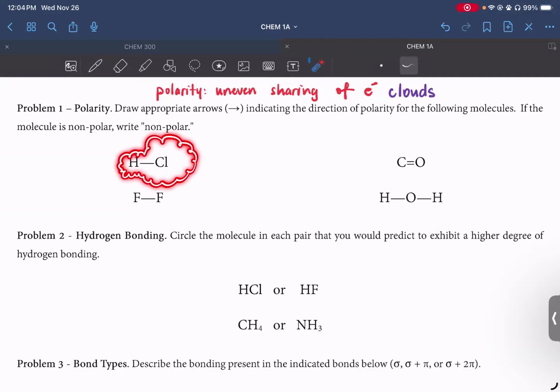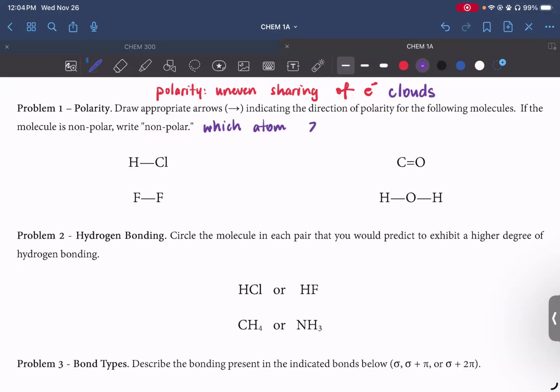Basically, it's an asymmetric cloud, where the size of the cloud, of course, represents the density of the electrons. One of the key things that we're looking for here when deciding uneven sharing of electrons is understanding which atom loves electrons more.